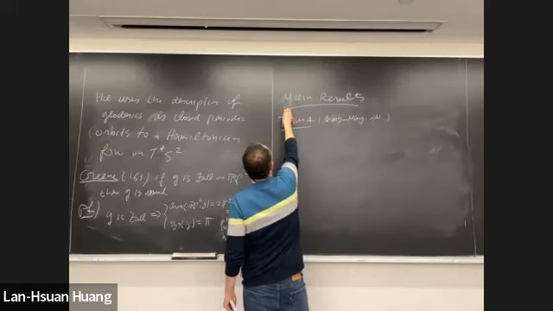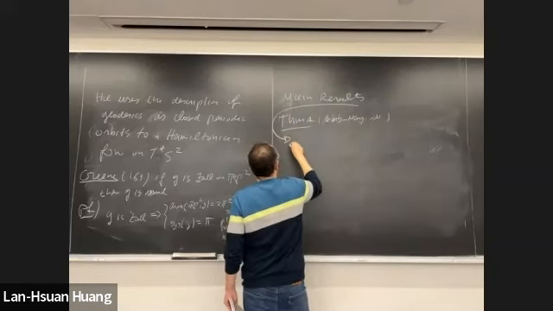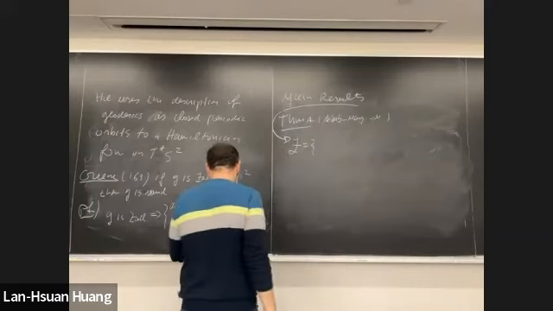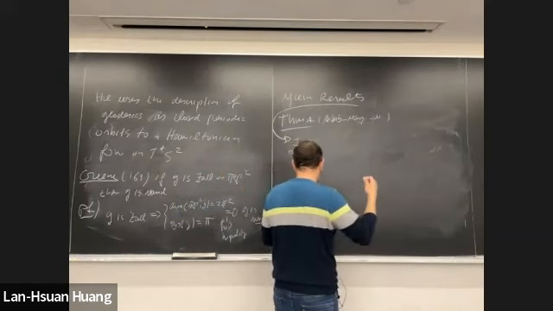So let's call this space Z. This is the space of all Zoll metrics, but of course this is codimension 1.